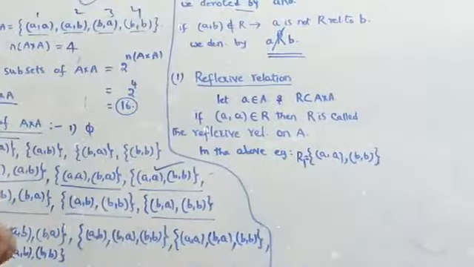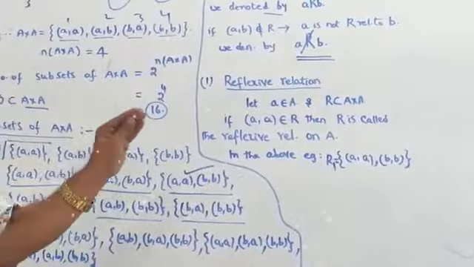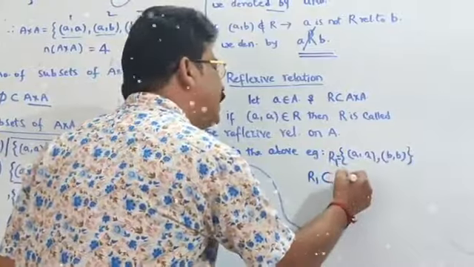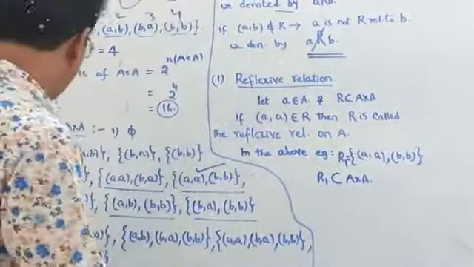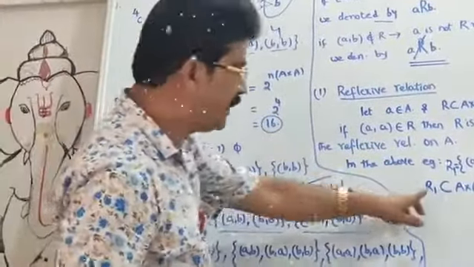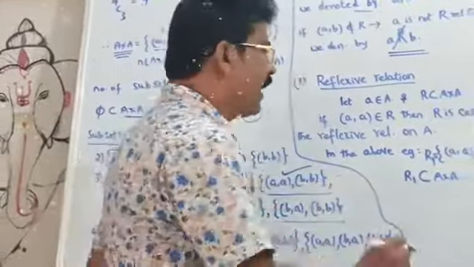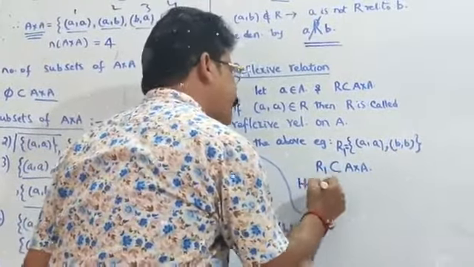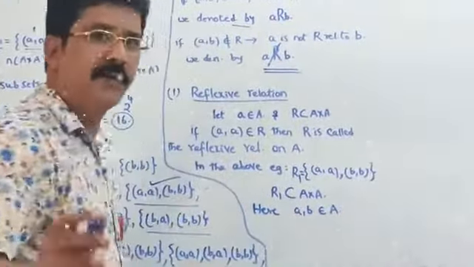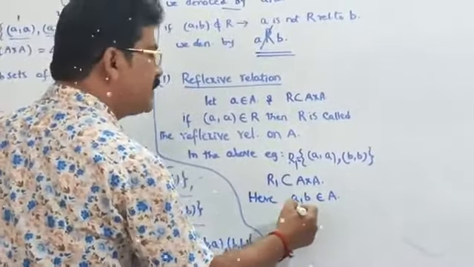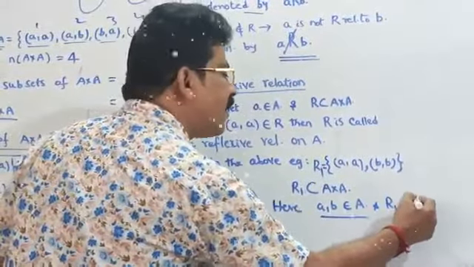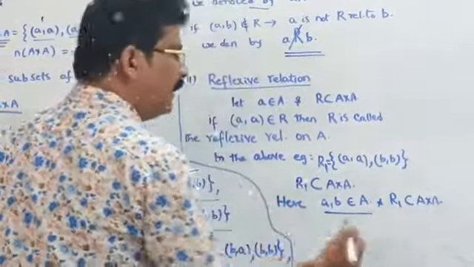R1 is equal to the set of A comma A, B comma B. Actually, R1 is a subset of A cross A, because actually these 16 are subsets of A cross A. I wrote simply R1 is a subset of A cross A, and here a comma b belong to capital A. Once again, look at the board.